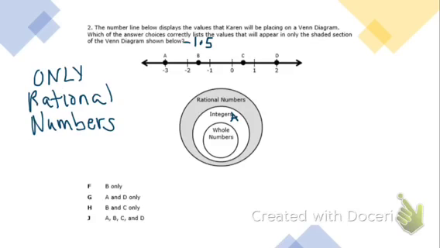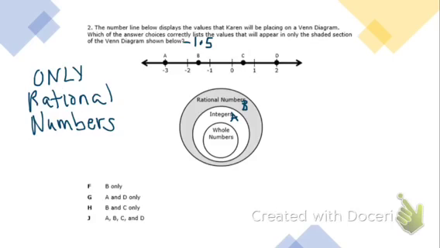So I would say, because it's a decimal, or it could be expressed as a fraction, and it's negative, that it's a rational number. So B could fall in this category right here.